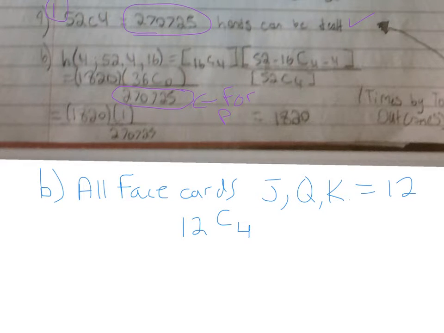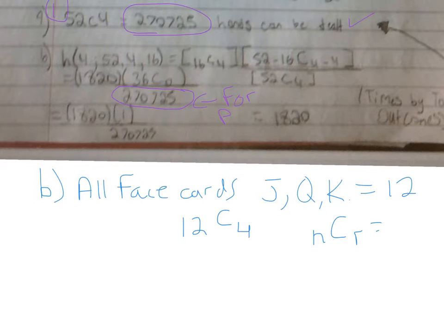All you need to do is set that up on your calculator, because on your calculator you have this N choose R button. So you put in 12 choose 4, and you get your answer, and you're done. You can see that your calculation there is a little bit more than is required. And you're also, I think, using 16 for face cards when you should use 12, okay?